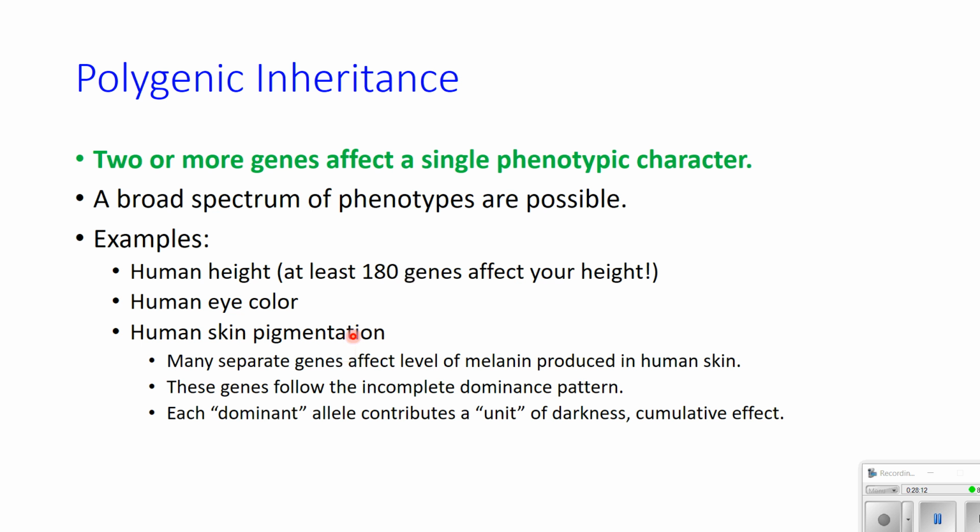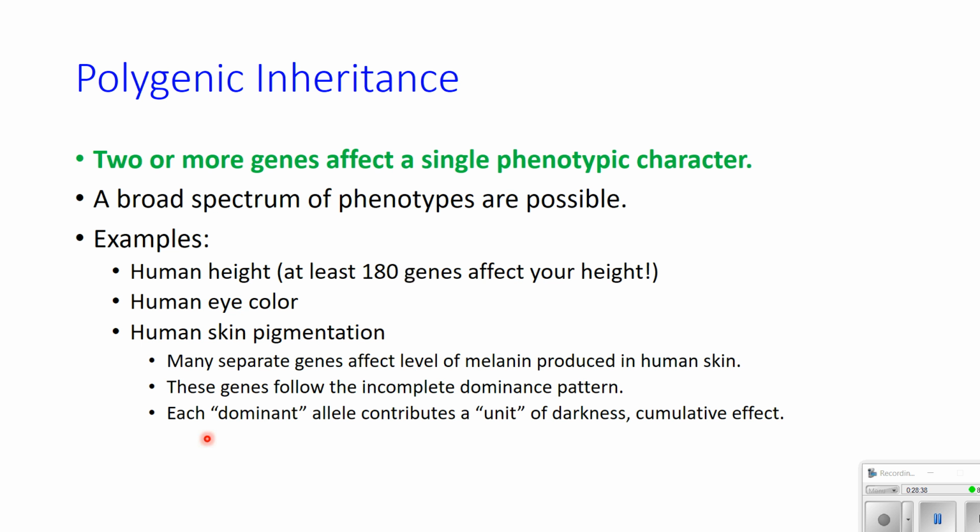With human skin pigmentation, there are many separate genes that affect how much melanin, that's the human skin pigment, how much of that pigment is produced. These genes follow the incomplete dominance pattern, and each dominant allele contributes a unit of darkness.